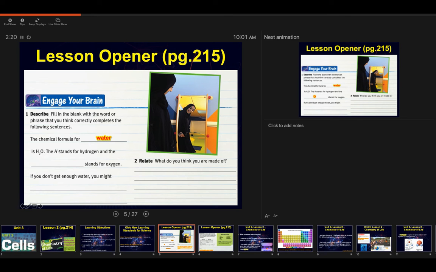What does O stand for? Oxygen, pretty easy. Then think for a second: if you don't get enough water, what could possibly happen to us? Well, a word called dehydrate. You need water, you need hydration. So if you dehydrate, it affects your body in several ways.